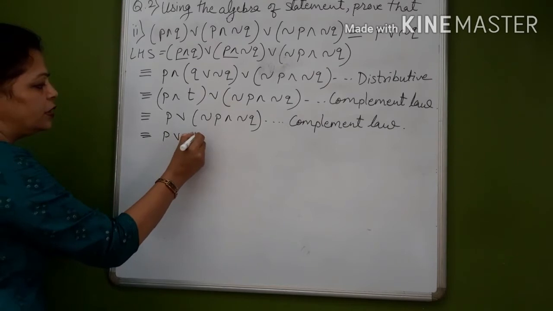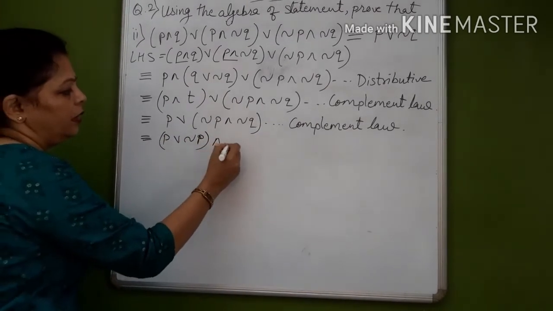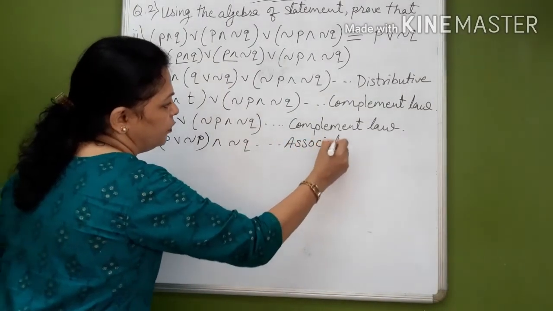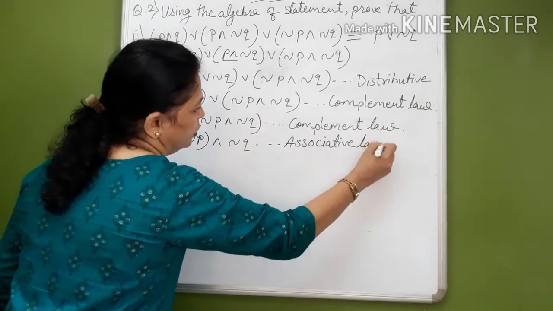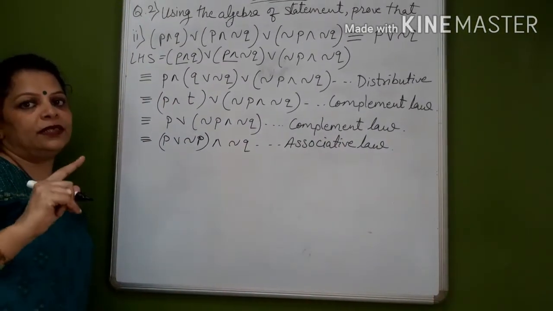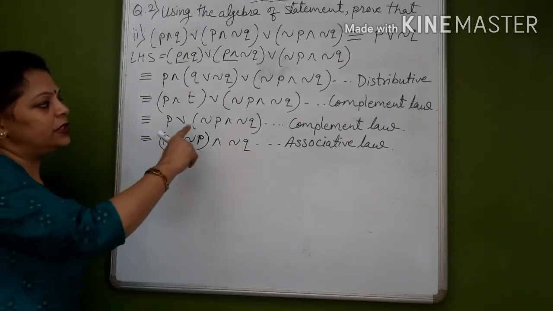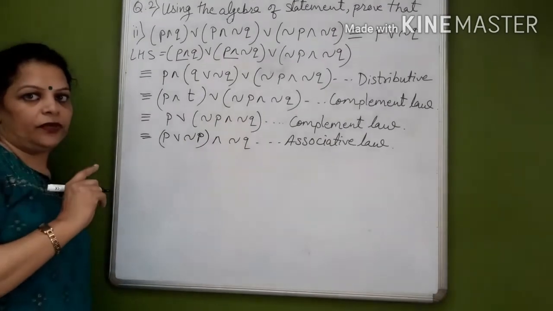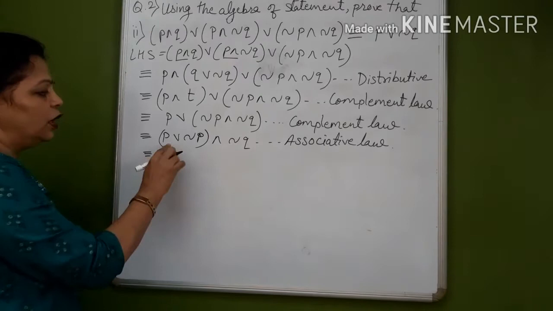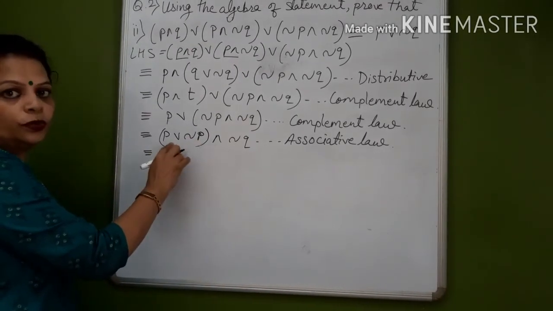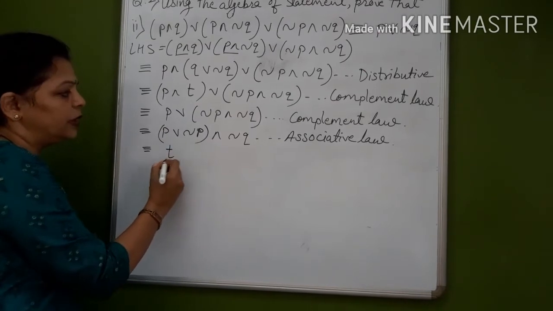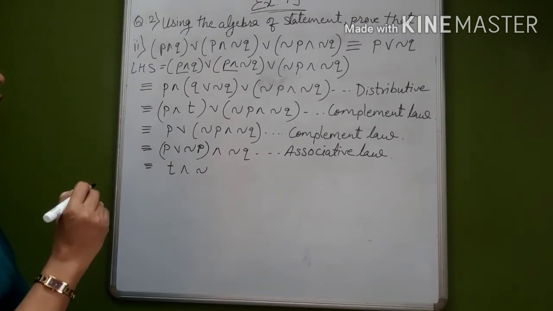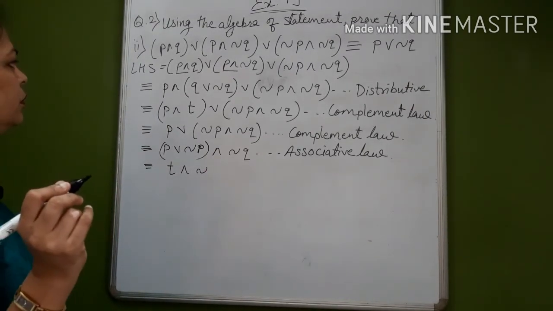So P and negation P and negation Q. Associative law. When you interchange the places, it is a commutative law. And when you change the brackets, it's an associative law. So now P or negation P will be true, tautology. So that is T and negation. One minute, somewhere we have made a mistake. Give me a halt.